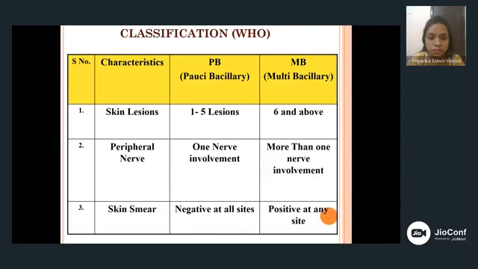It doesn't come positive, but if at all it comes positive at any site, then that patient is counted under MB, the multibacillary category. So there are mainly two classifications of leprosy, PB and MB, and according to this classification, the treatment is divided between the PB patients and the MB patients.